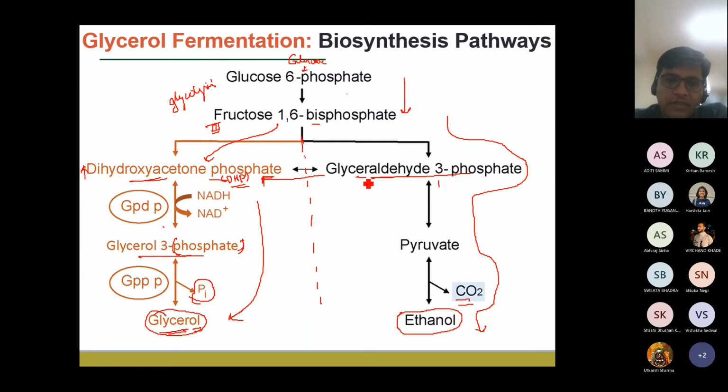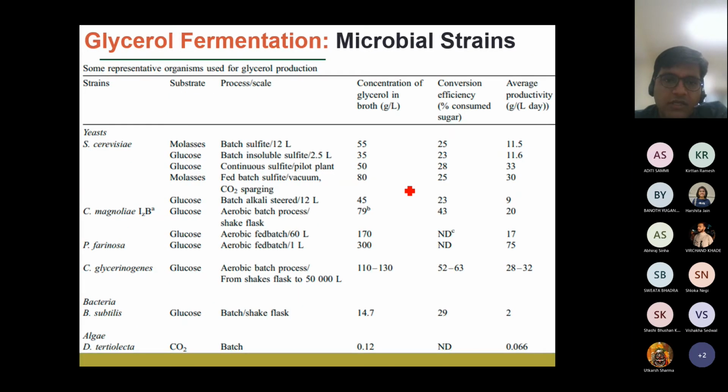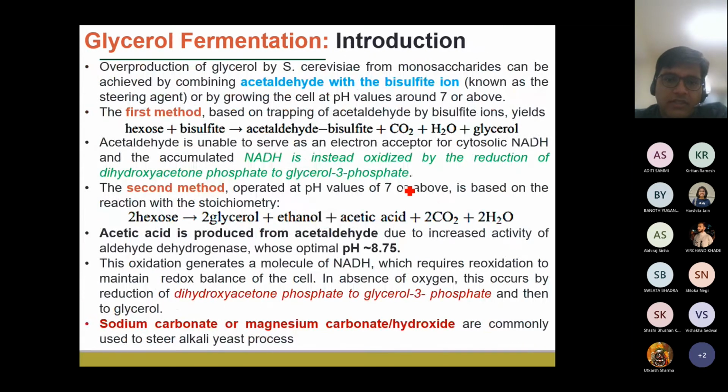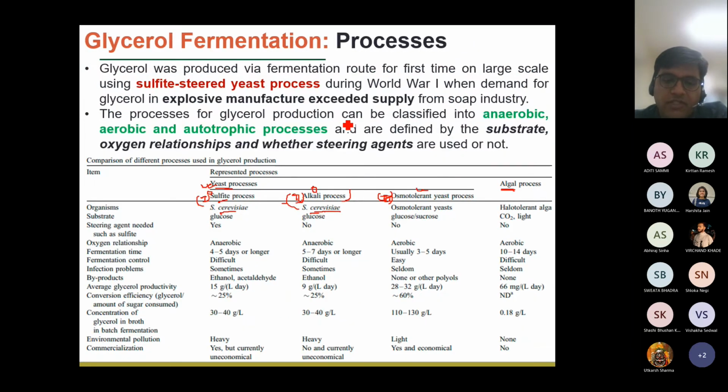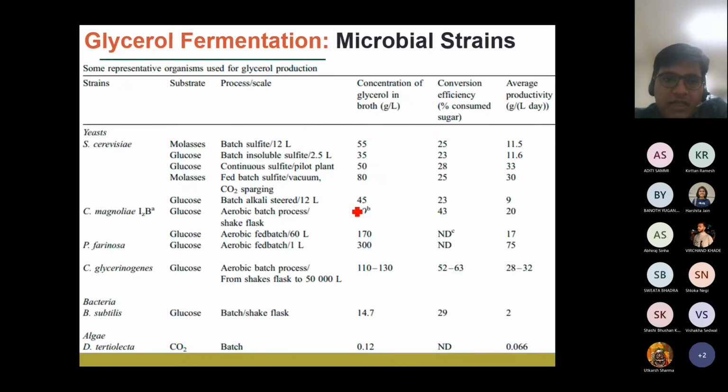There is an aldehyde molecule that interacts with the sulfide ions to form the acetaldehyde bisulfite compound, which is why we need to develop a different process called the sulfide process, and similarly it goes with the alkali process. We will discuss this in detail in the next class.